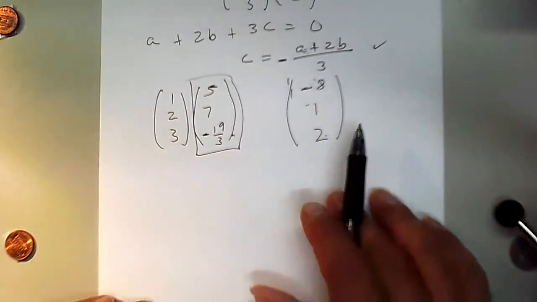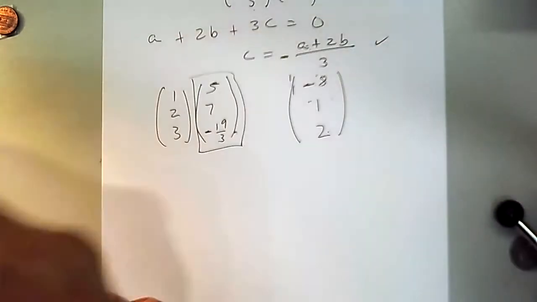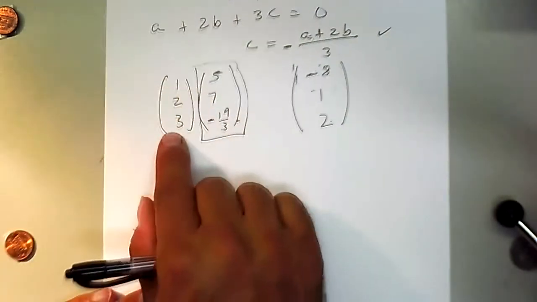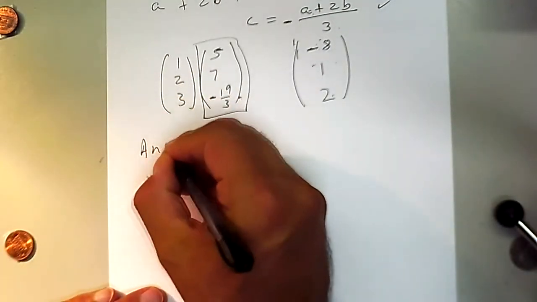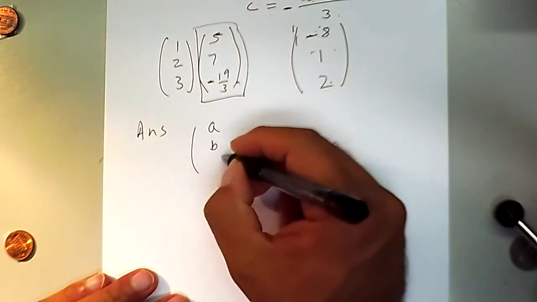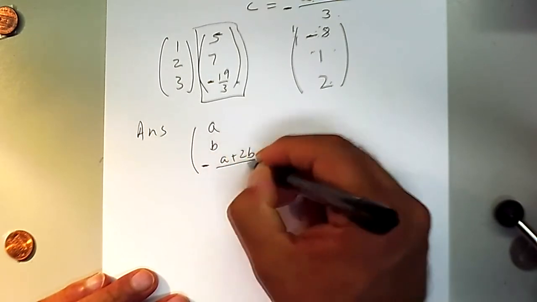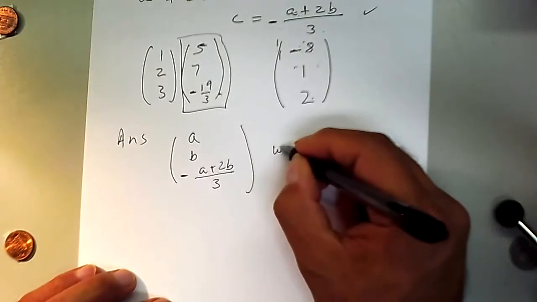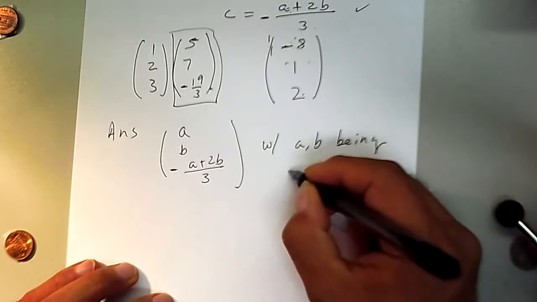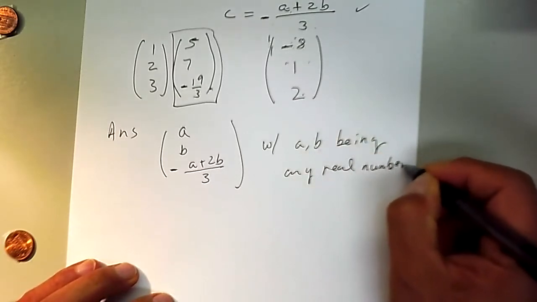So let me write down the answer. We're still answering the question, what are all the vectors that are perpendicular to this one? The answer can be written in a couple different ways. We can say a, b, and then negative of a plus 2b over 3, with a, b being any real numbers.